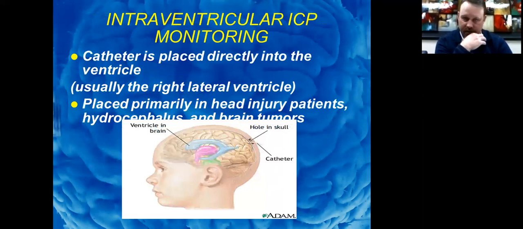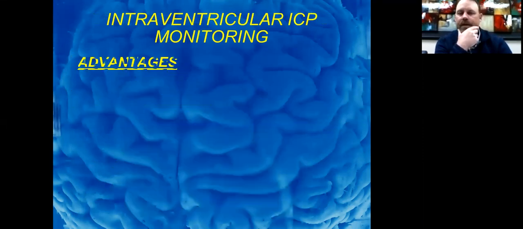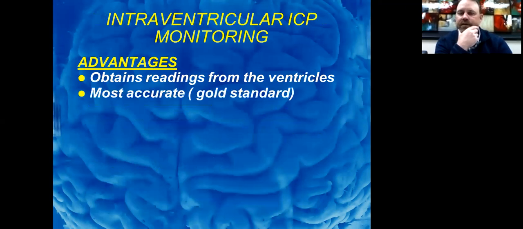Intraventricular ICP monitoring. Catheter is placed directly into the ventricle, usually the right lateral ventricle. It's placed primarily in your head injured patients, for hydrocephalus, and also in brain tumors. Advantages, obtains readings from the ventricles. It is the most accurate.